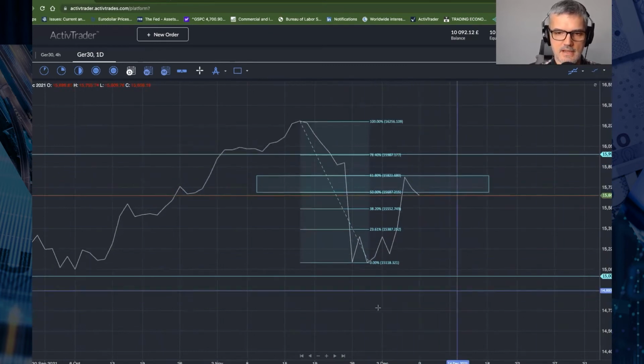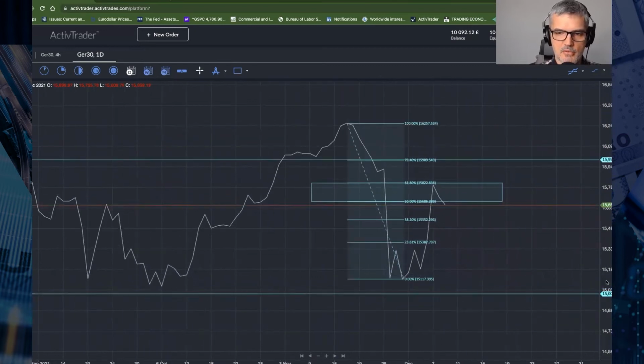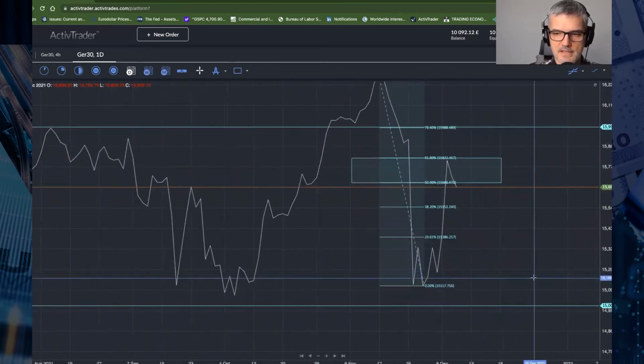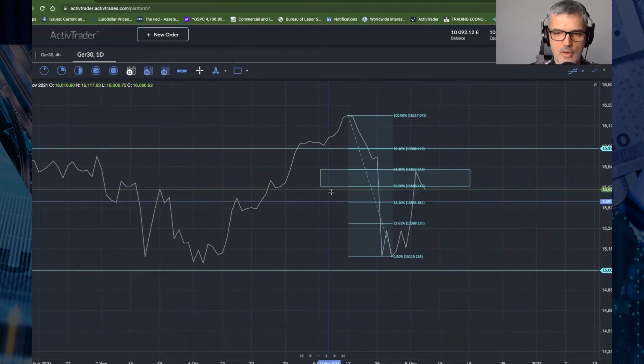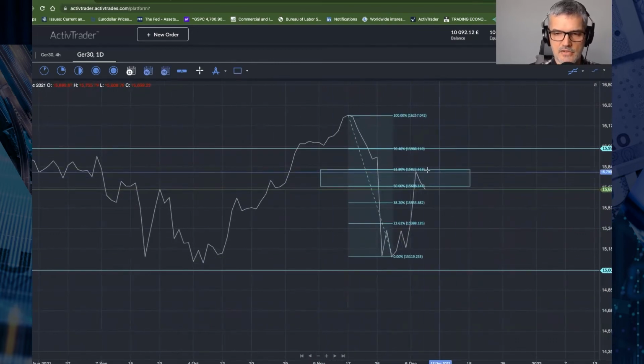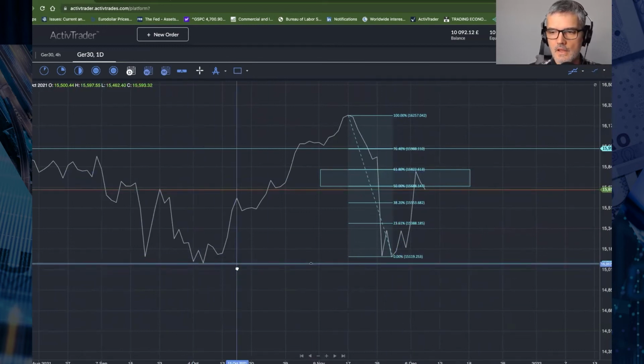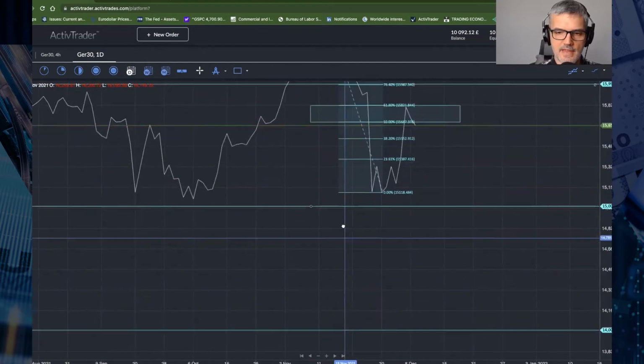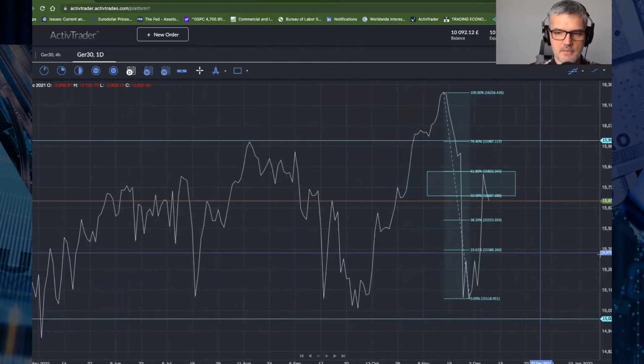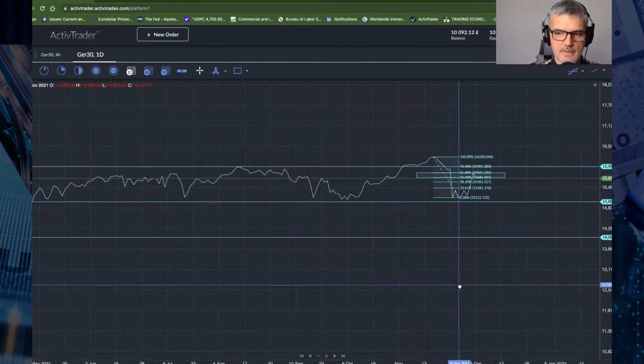So for those traders that do think this is not a bull flag, this is actually a topping pattern, then they'll be looking for 15,800 to hold, and then we should be targeting this swing low here and this swing low here. So if we can get through 15,000, then like I said, we could be down to 14,000.